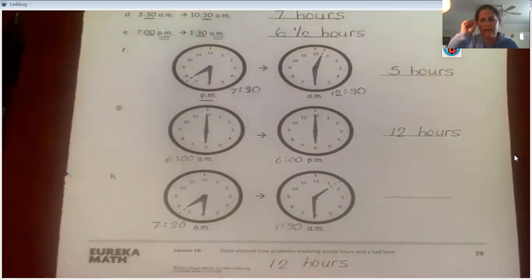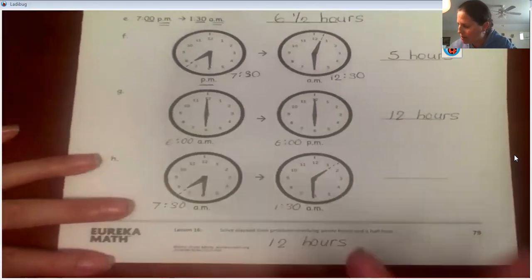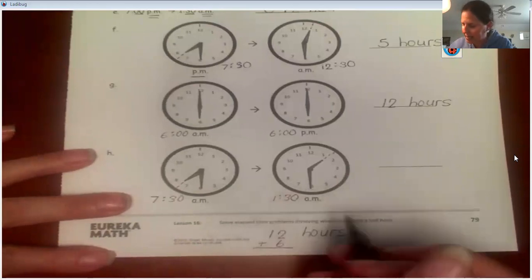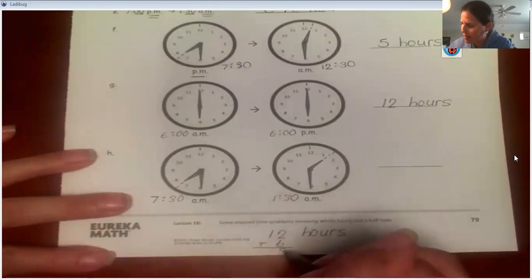So if I'm at 7:30 p.m., I'm then going to count on by hours: 8:30, 9:30, 10:30, 11:30, 12:30, 1:30. So I have to add 6 more hours. So 12 plus 6. My 2 plus 6 gives me 8, and then my 1, 10.